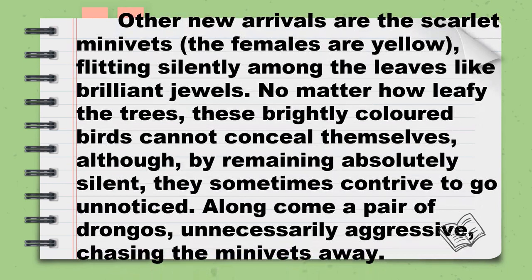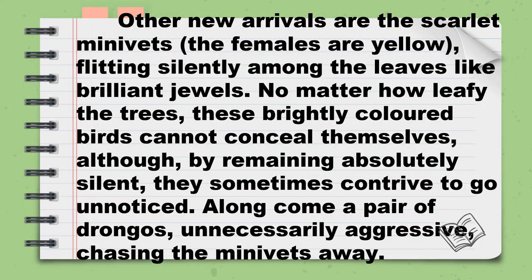Well, the author mentions a few other names that arrived with the rain, such as the scarlet minivets. These birds are bright red and look like a cuckoo. However, their female counterparts are yellow in color and they move swiftly and lightly among the leaves, giving the appearance of bright jewels around them.